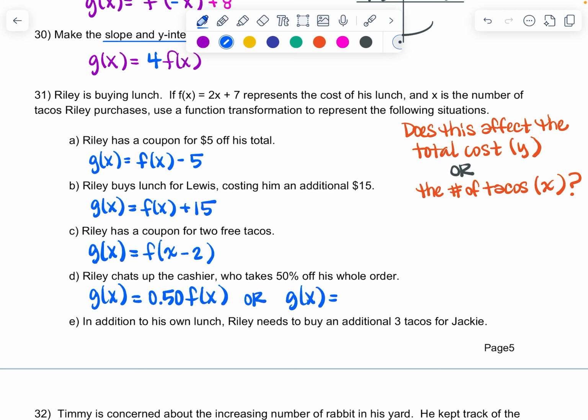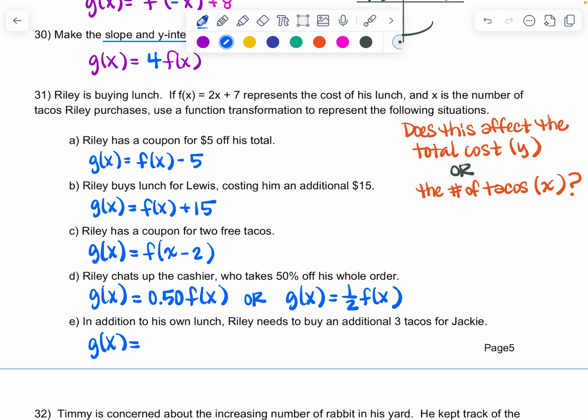Or you could write that, because 50% off means he's getting half off. If you'd rather write the 50% as a half instead of a 0.5, I would be totally fine with that. Just make sure you don't leave it as a percentage. You need to move the decimal over and write it as a decimal or a fraction because you can't put percentages in math problems.